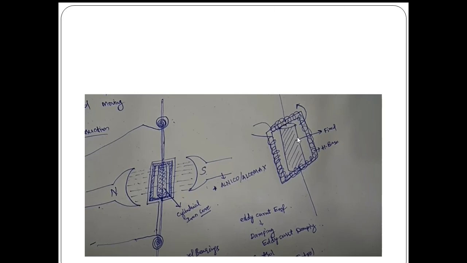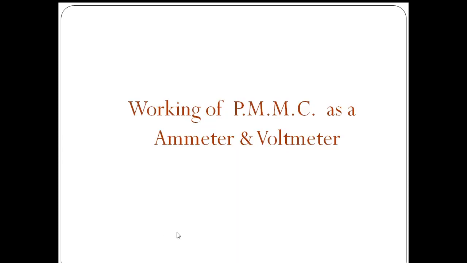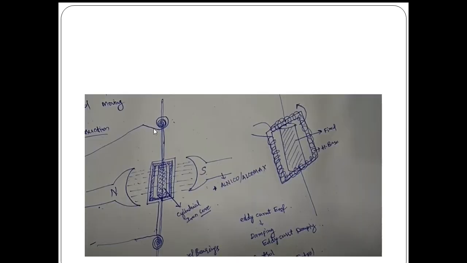and this is attached to a spindle, and this will have a cylindrical structure to provide the radial magnetic field. On this spindle we have two spiral springs, which are made up of phosphor bronze material.